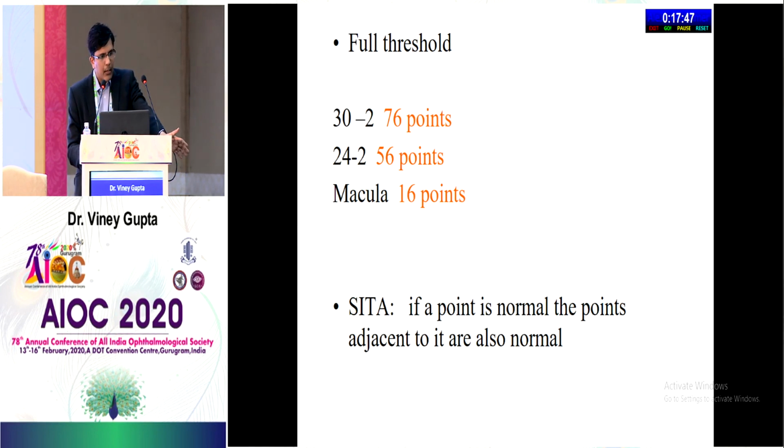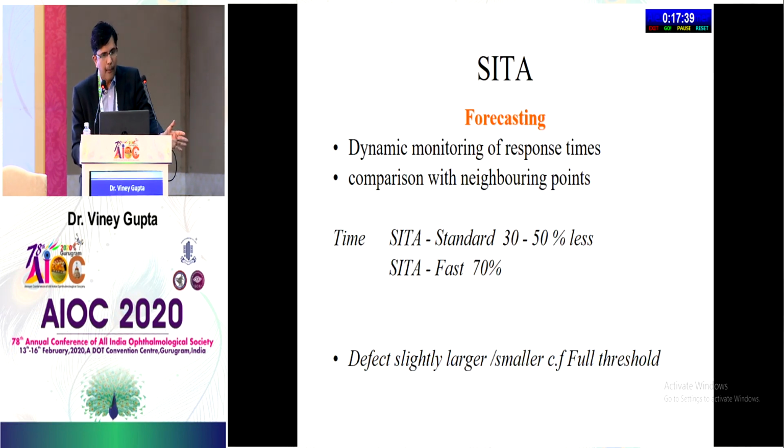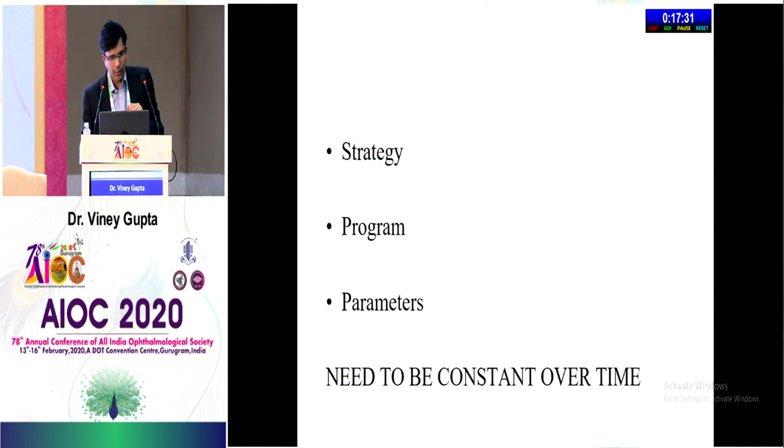Okay? So the points that are tested in a 30-2 are 76, in a 24-2 are 56, and macular test is 16 points. So what the SITA actually does is it sees which are the points defective and then tries to focus on those points to be able to get the scotoma. So it's an intelligent way of doing perimetry and a faster way of doing perimetry.